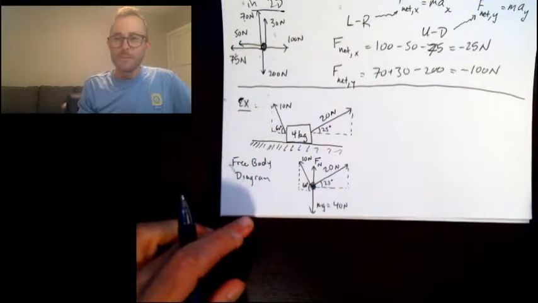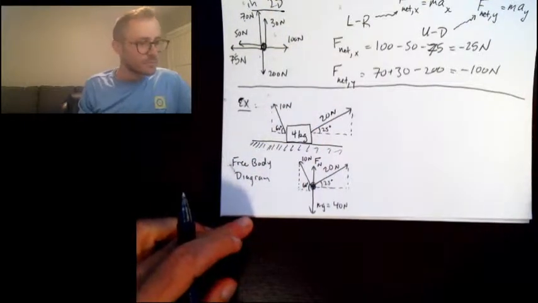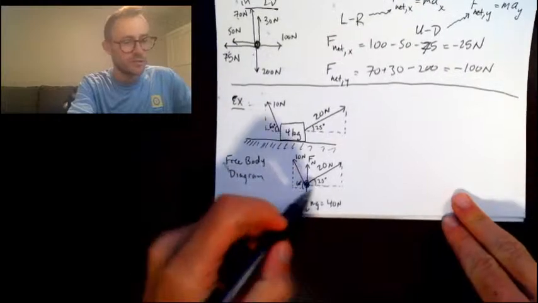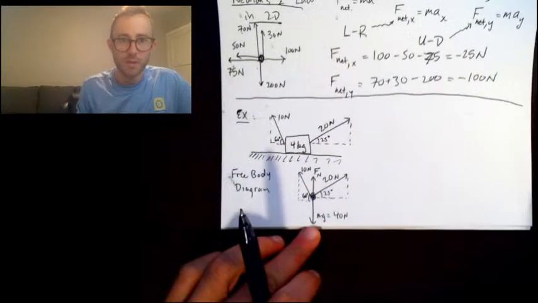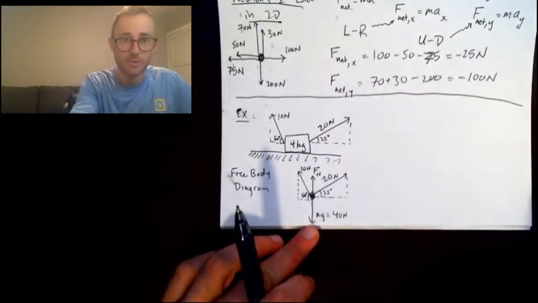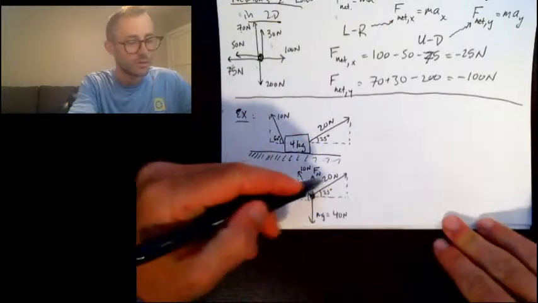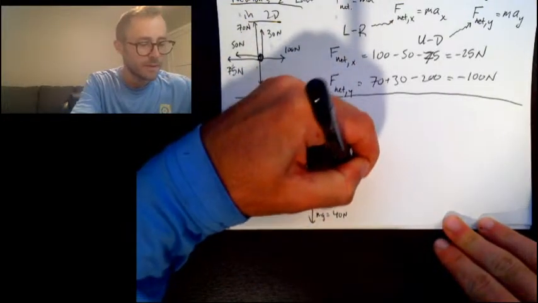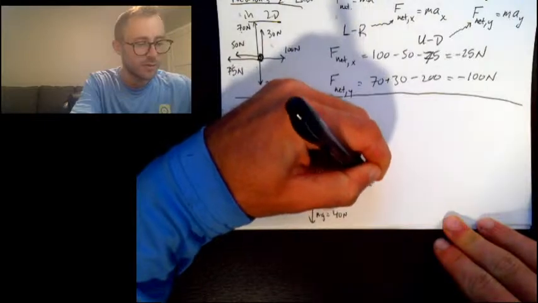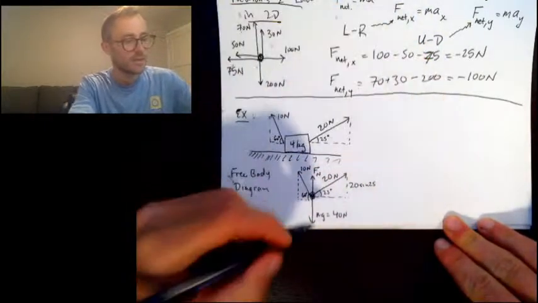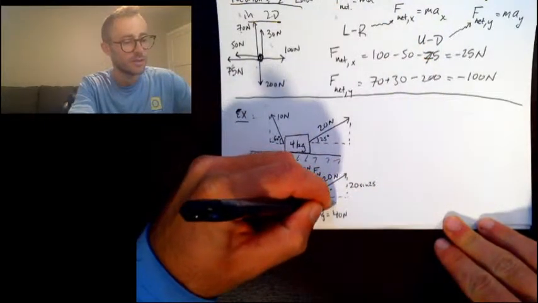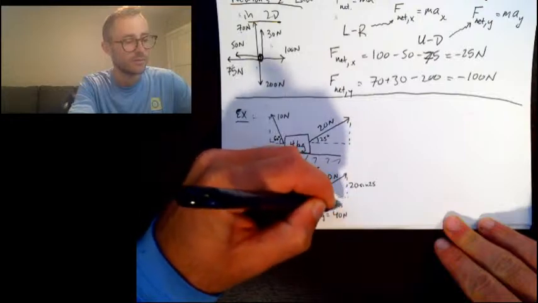Okay? Now what I'm going to do is take these diagonal forces and break them up into components. So I'm going to write them as a vertical force and a horizontal force. So 20 sine of 25, and this would be 20 cosine of 25.